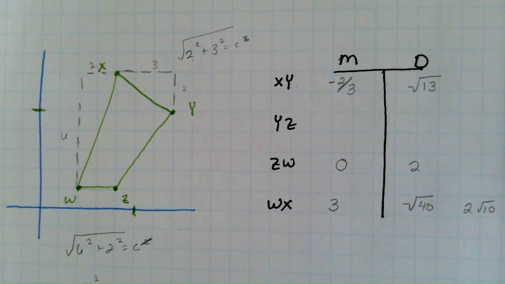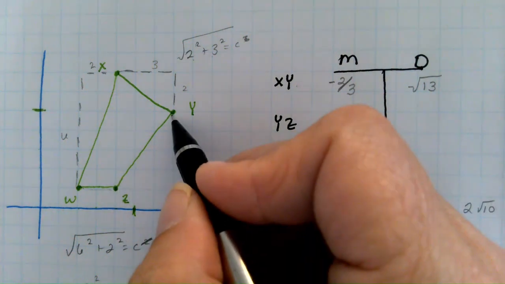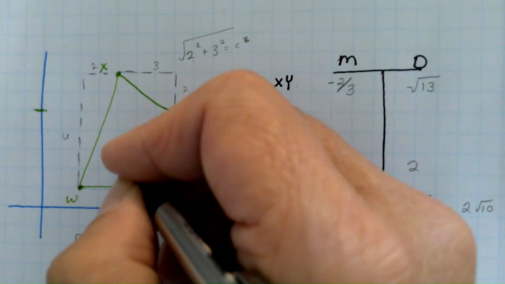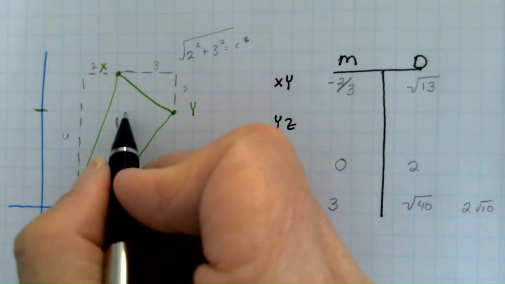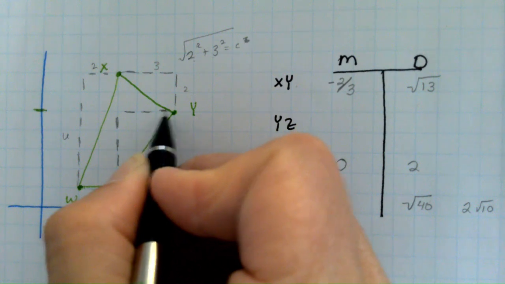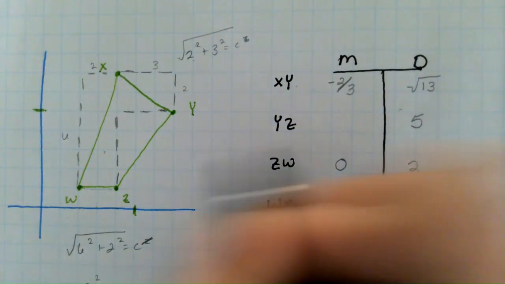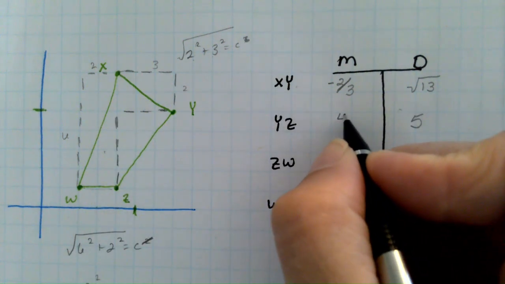Okay, we've got one more to do. It's obviously an uphill line, right? 1, 2, 3, 4. 1, 2, 3. Well, that's easy. It's a 3, 4, 5 triangle. And up 4 over 3.